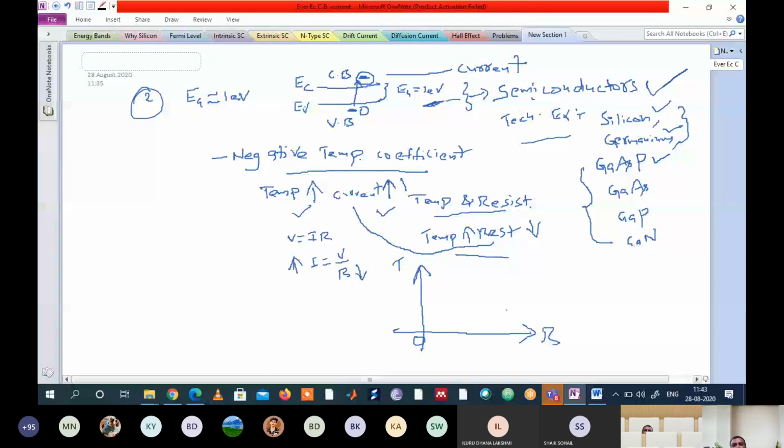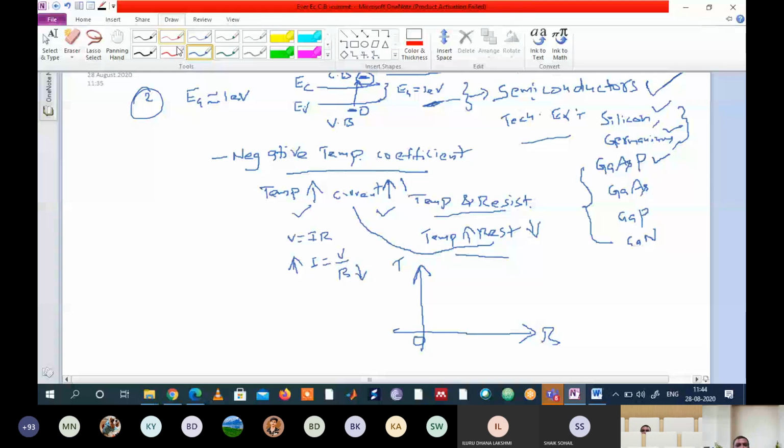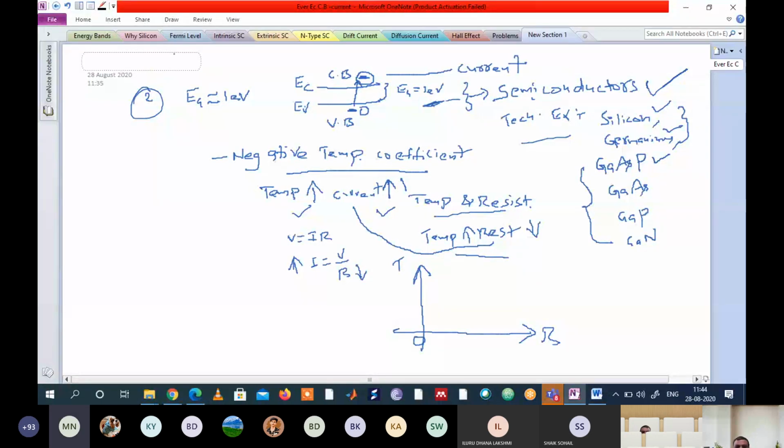Zero. Energy zero means is there any current flow? Is any electron moving from valence band to conduction band? No, sir. If current is zero, what about resistance? Maximum or minimum? Maximum. So you get resistance here at maximum value.